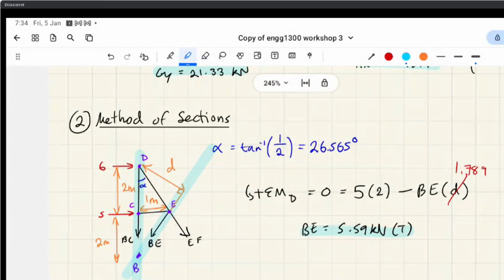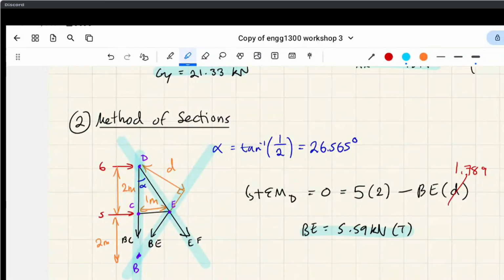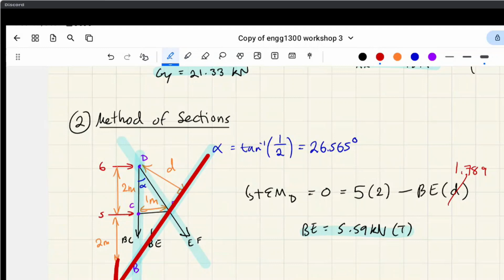And when we're taking moments, this line becomes very important because we want to find the perpendicular distance to that line in order to find the moment that it causes about a certain point. And so the reason we need this arbitrary point out here is because we're interested in the force vector BE, this one, right? And so to find the moment that it causes about D, uppercase D, we need that lever arm, lowercase d.